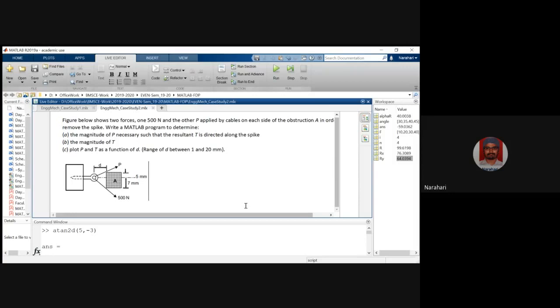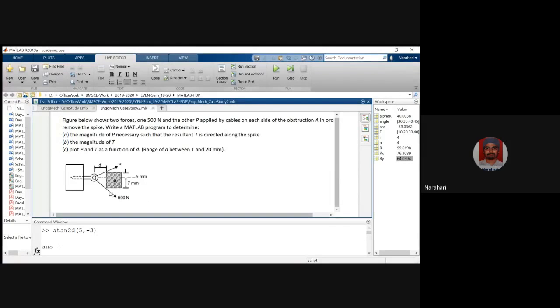I hope you people are able to read the problem statement. So what do we have to do? There is a spike, or a nail, that is embedded in some object, and in front of that spiked object there is some obstruction. Now you have to remove that particular spike from the object, and you tie two separate cables to that spike and pull it.